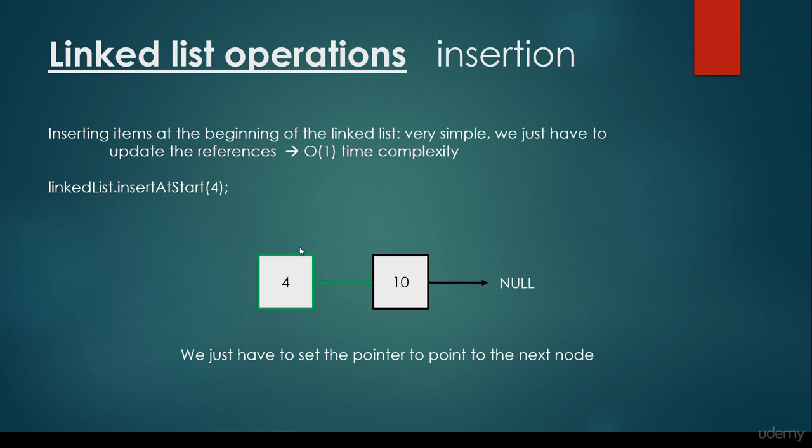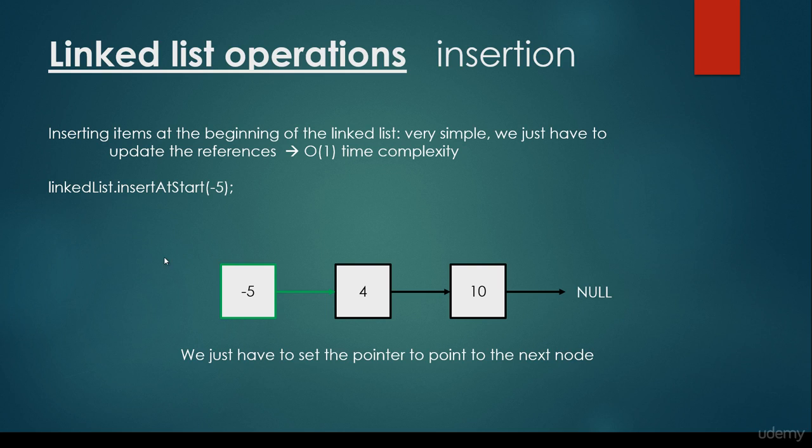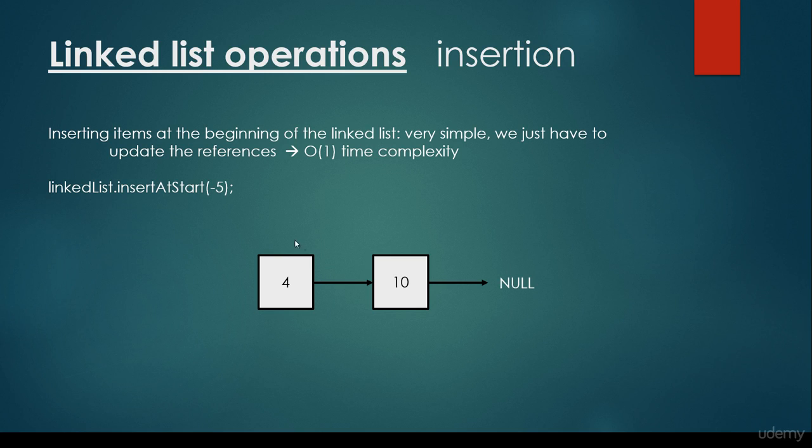So basically we just have to update the references. We would like to insert -5. We instantiate a new node. It's going to be the head, and we set the pointer to point to the previous head of the linked list, because before inserting -5, the 4 was the head of the linked list. The head is the root or the first node in the linked list.